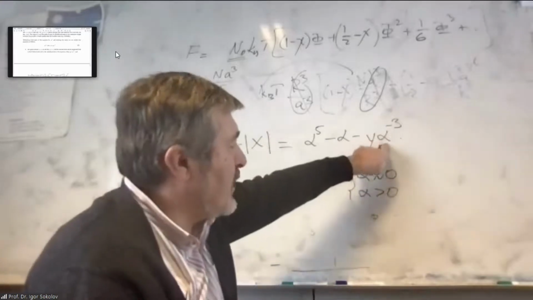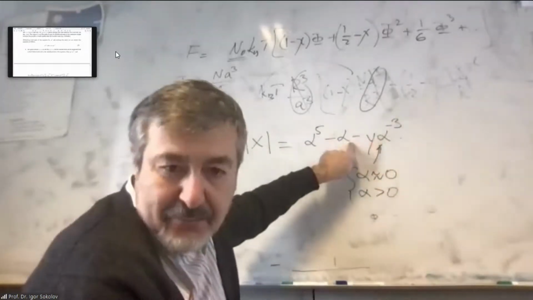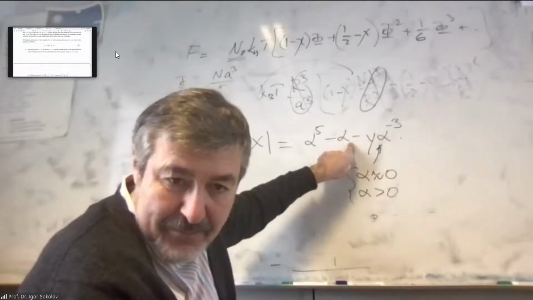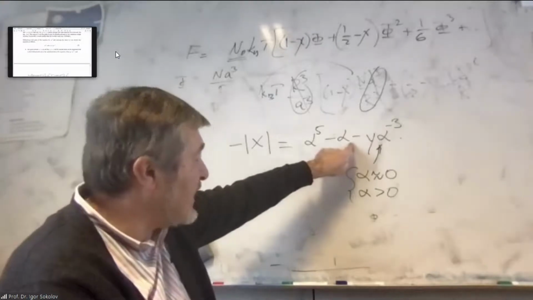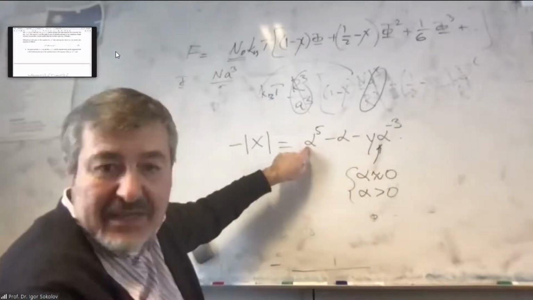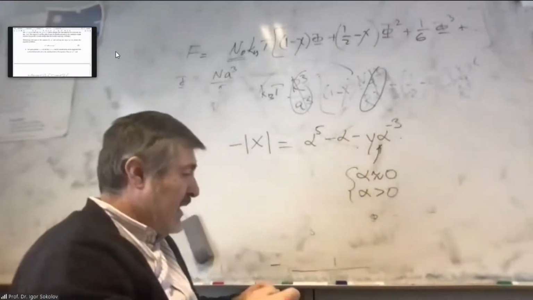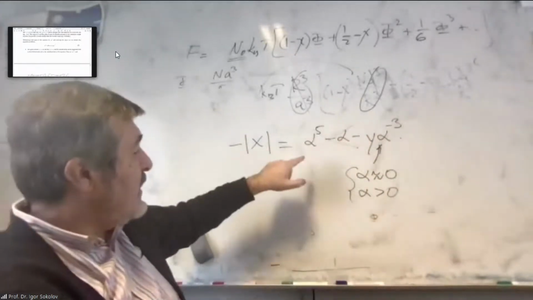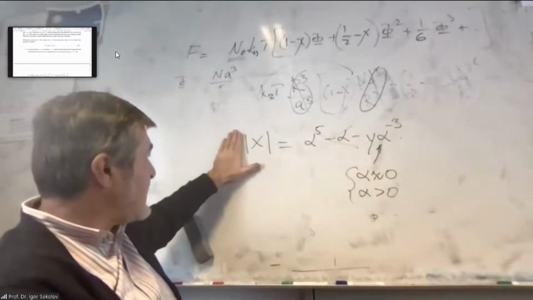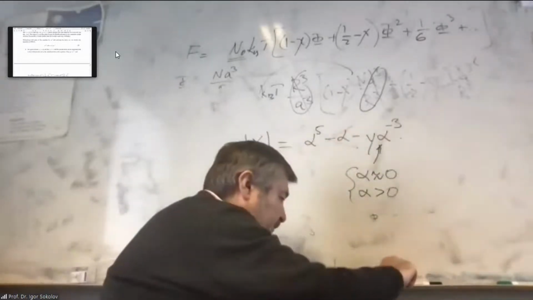Then alpha to the power of minus 3 will be huge, and because there is a minus in front, this will be huge and negative. If it is huge and negative, then this term is small, and this term is even smaller. So I can forget both. And the solution will behave as a solution of the equation x is equal to y alpha to the power of minus 3.